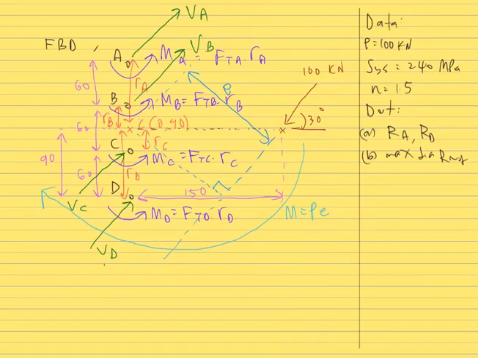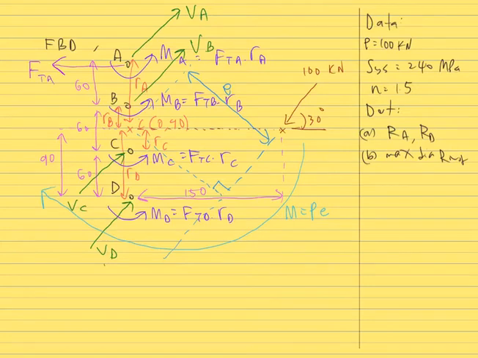The tangential force must be perpendicular to the distance from the rivet to the centroid. For rivet A, the tangential force acts to the left, following the direction of the resisting moment for rivet A. So this is our direction for the tangential force at rivet A, to the left, FTA.